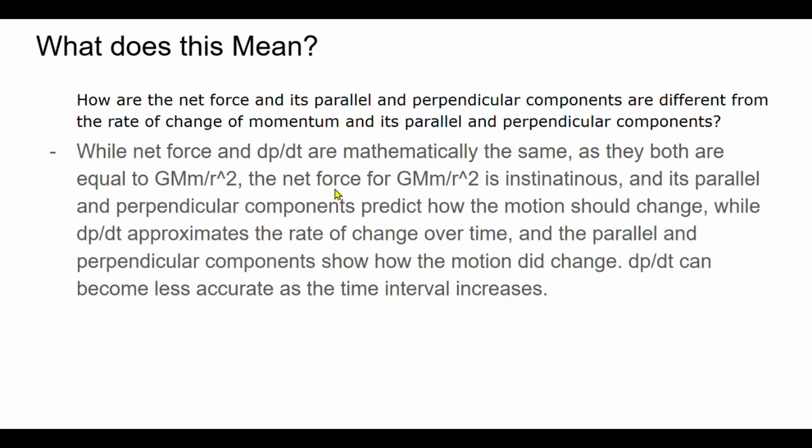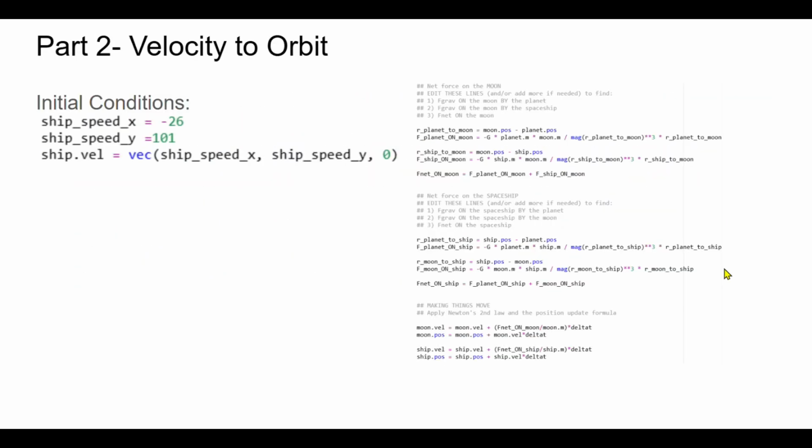However, the net force is just an instantaneous force, while the dp/dt is an integral, so it's going to be over each time step. And so as the interval of the time step increases, that data can become less accurate. So that's how those two are different.